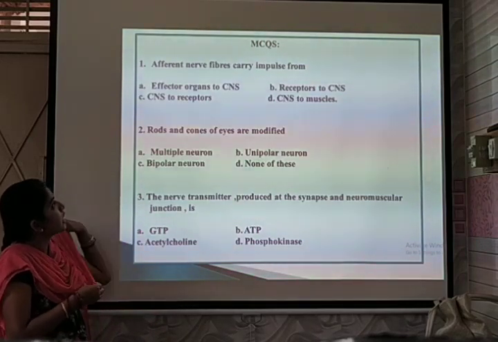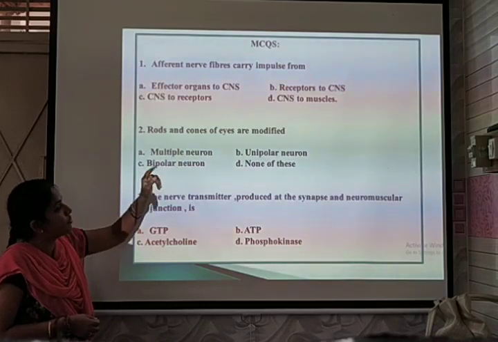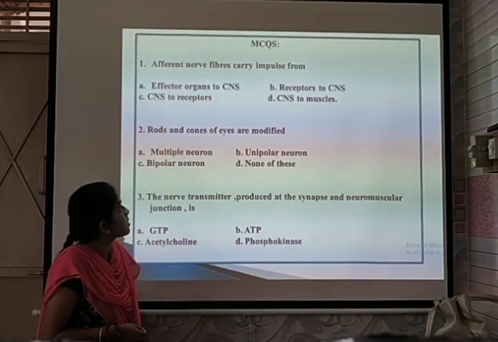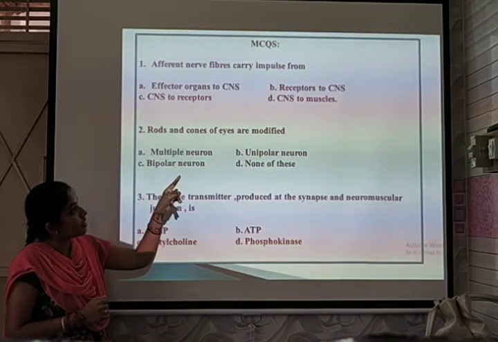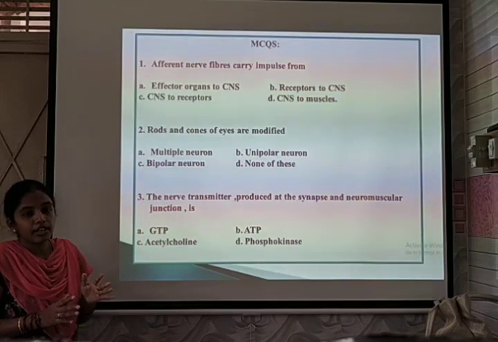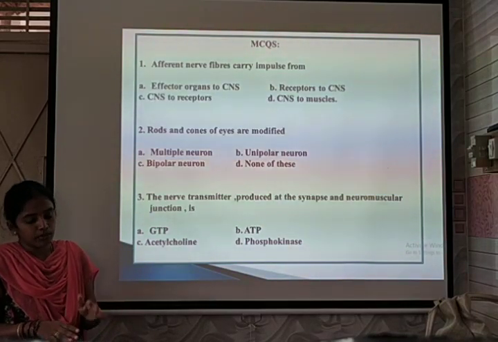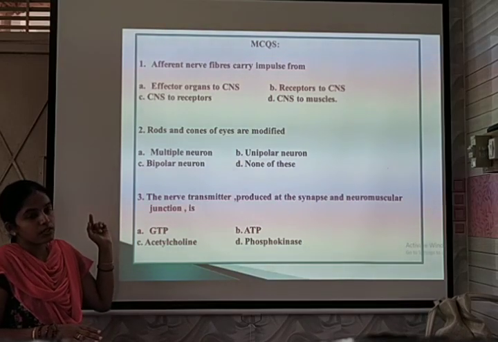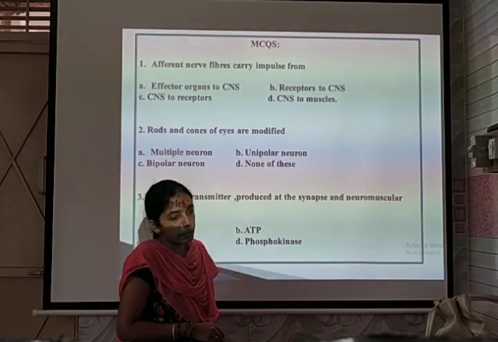The options given are effector organs to central nervous system, receptors to central nervous system, central nervous system to receptors, and central nervous system to muscles. The afferent nerve fibers usually carry the stimulus from the receptors to the central nervous system. So the answer for the first is B.